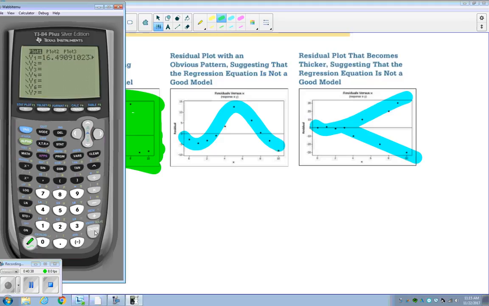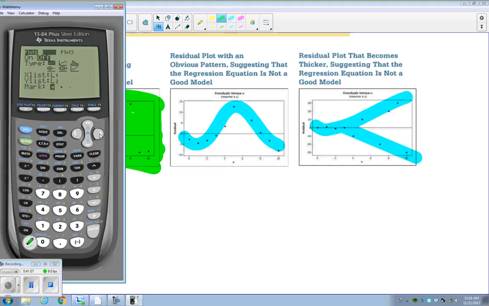I don't want to see the line. I don't want to see our regression equation line. So I turned it off. I'm going to go to second plot. I like to have them both up there, so what I do for one is I just go in and turn one off. So I can go back and forth when I need to.